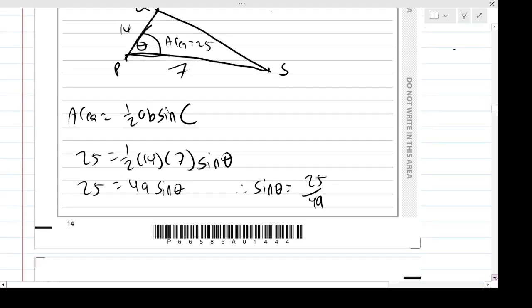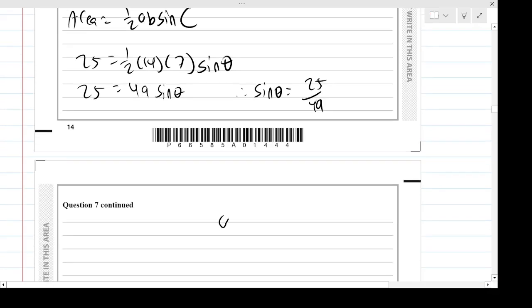And so then if we do inverse sine of this to get the angle, we get 30.677 degrees.